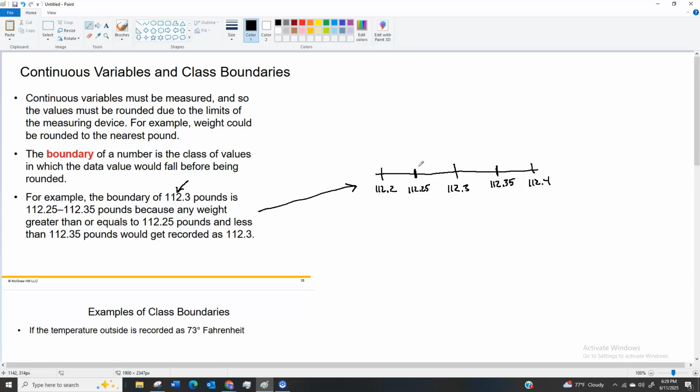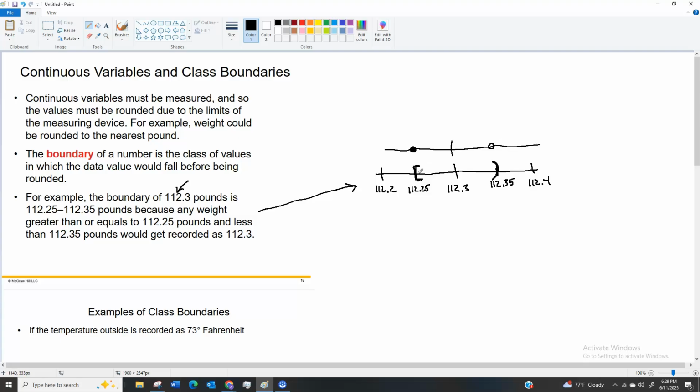Well, if you remember from algebra, when we graphed, it could be either a solid dot or this square bracket. This is the included point. So this point is included and gets rounded up to 112.3. This point is not included, but it's still the boundary. It's the point that it changes. If you were graphing this with the open circle, closed circle, this would be an open circle.